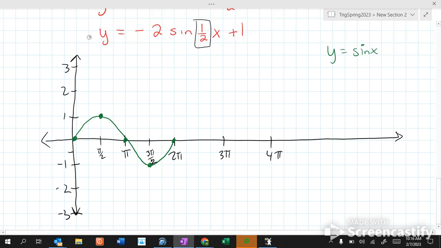The next one I'm going to graph is y equals negative 2 sine of x. What does a negative 2 do to my green graph? Flips it around the x-axis and makes it twice as low and twice as high. So the 0 doesn't move at all. The 1 goes to negative 2. The 0 stays. The negative 1 goes to positive 2 and 0.